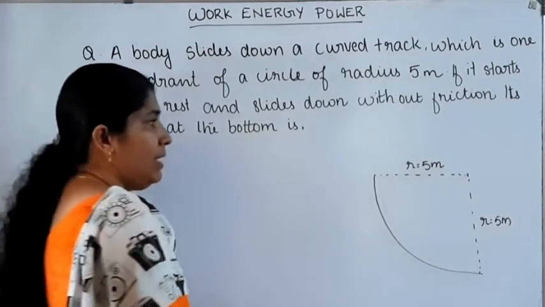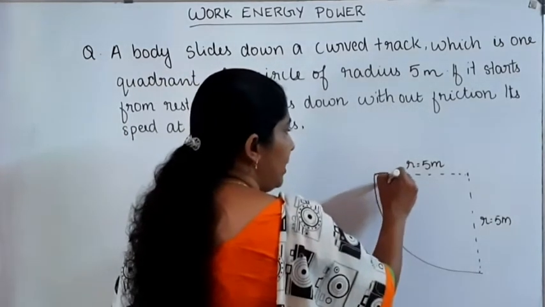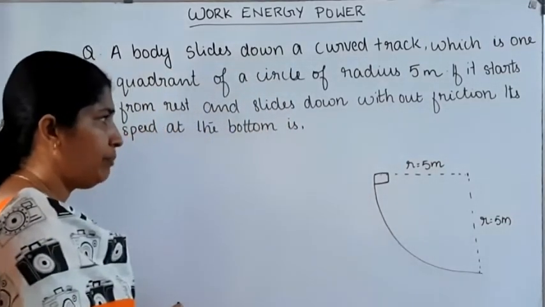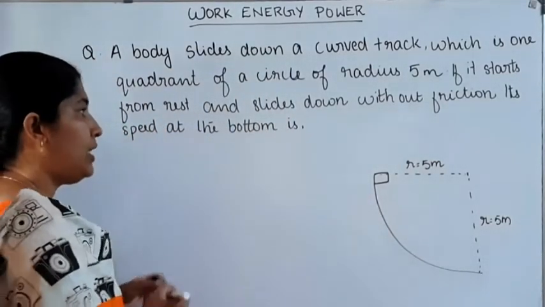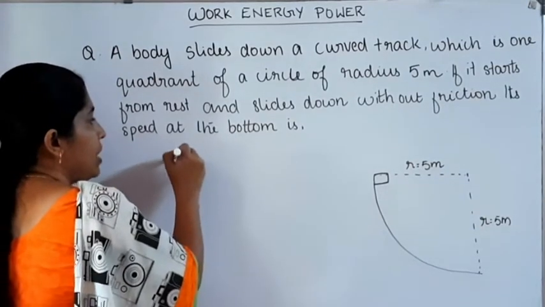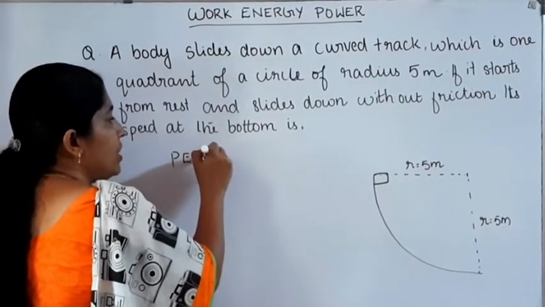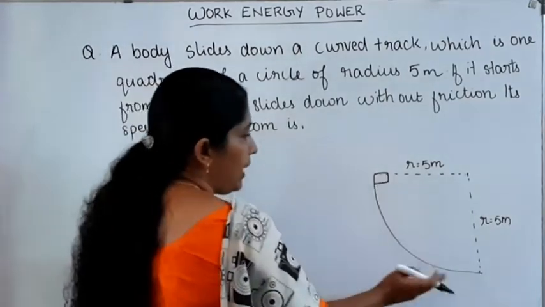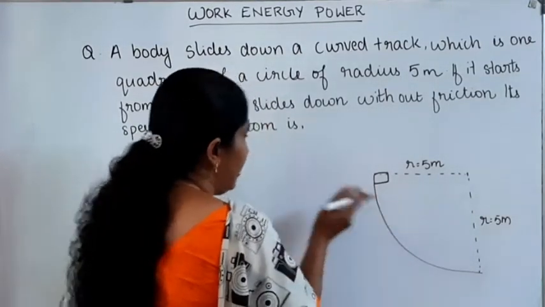Okay, it's very simple. A body is placed here. Then it possesses a potential energy because of its height. That potential energy can be written as mgh. Height from the ground is equal to 5 meter.